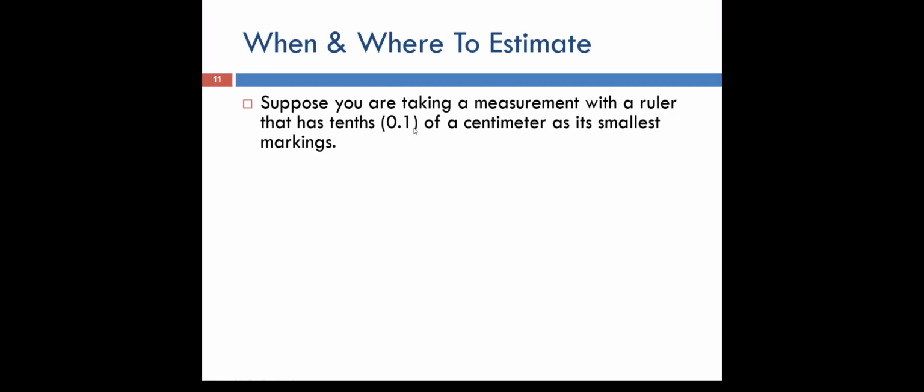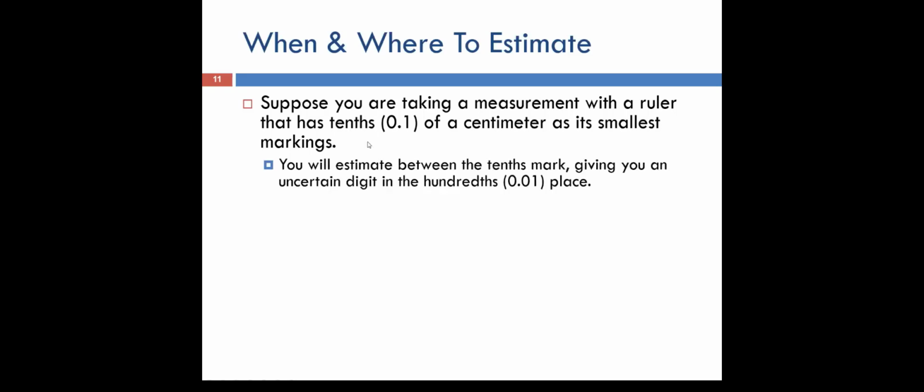What that means is you will see space between those markings, correct? You'll have, say, 2/10 of a centimeter, 3/10 of a centimeter, but you will see open space in between. And so your measurement needs to estimate in between the tenths, which means that you always are going to go 1 decimal place to the right of the smallest markings.